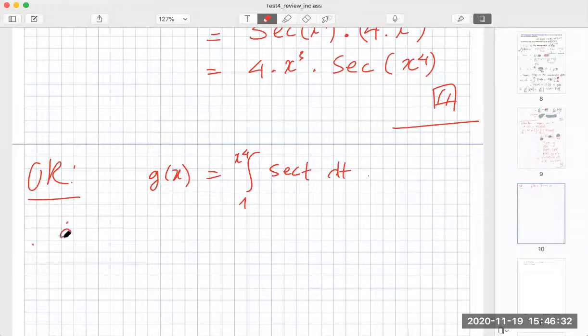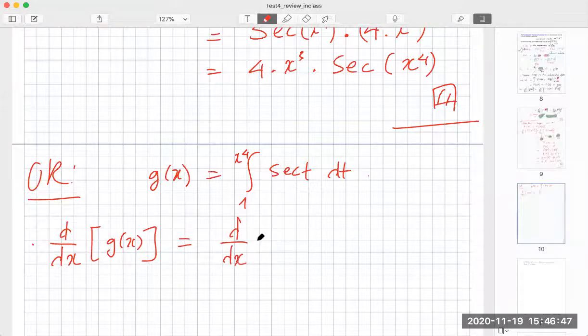We want to compute d over dx of g of x, and the fundamental theorem of calculus tells us that this becomes the integrand with the variable being exactly the upper limit.